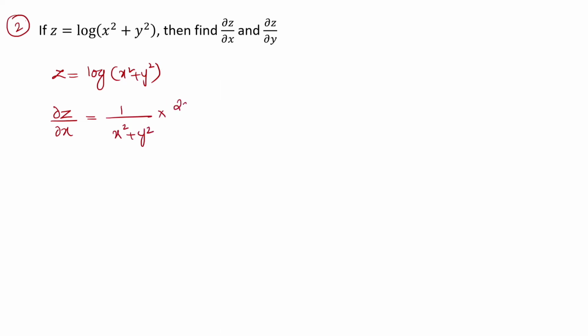Derivative of x square is 2x and derivative of y square is 0 because it's a constant. While differentiating with respect to x, we will consider y as a constant. Therefore, we can have 2x by x square plus y square.